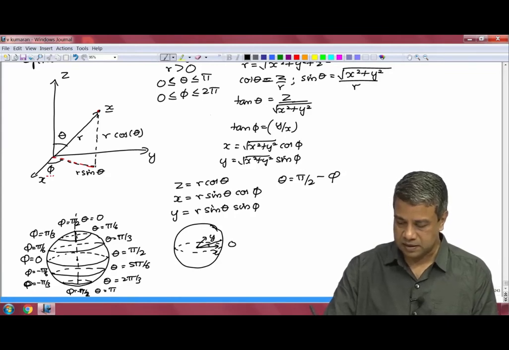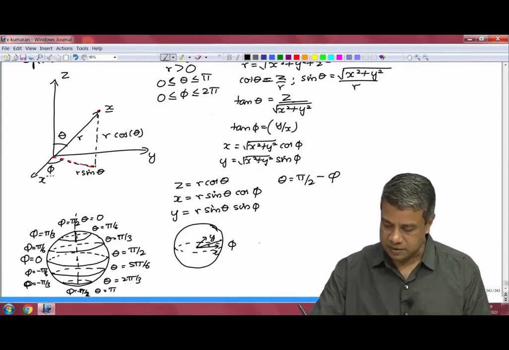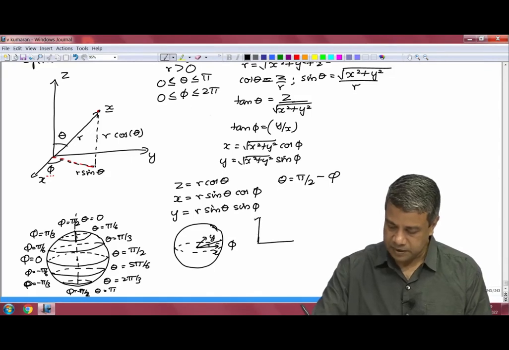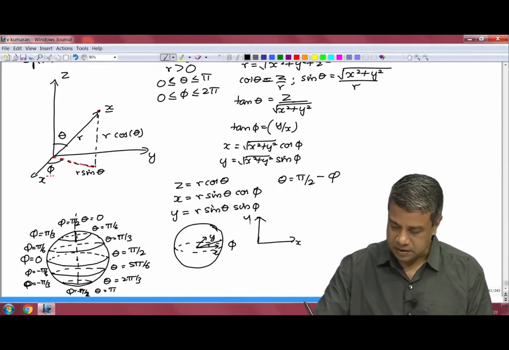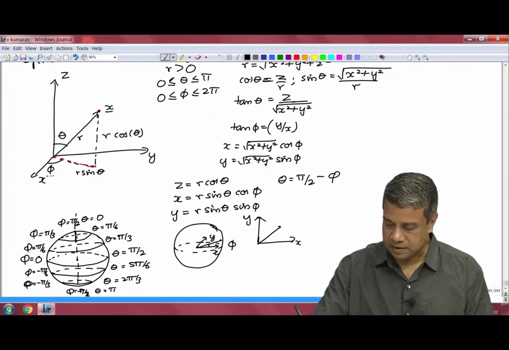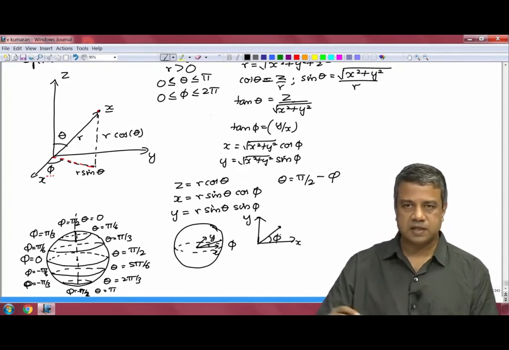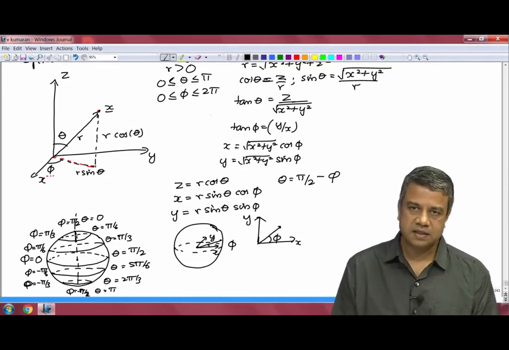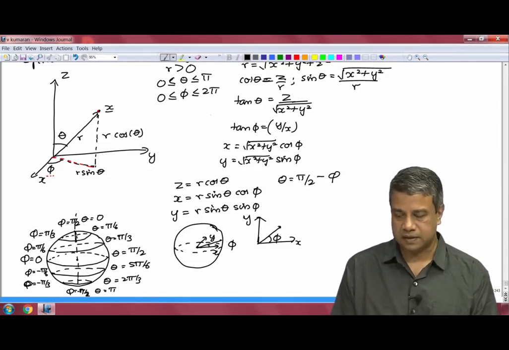So, this is the angle phi, made by the projection, this is x and this is y. If the projection of the position vector makes an angle phi with respect to the x axis, then that is the meridional angle phi.